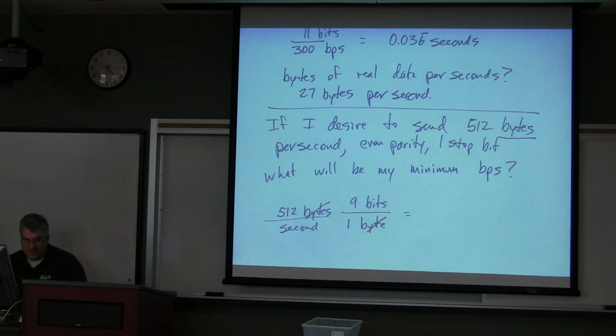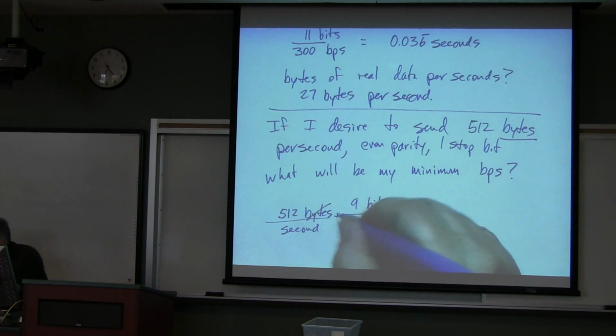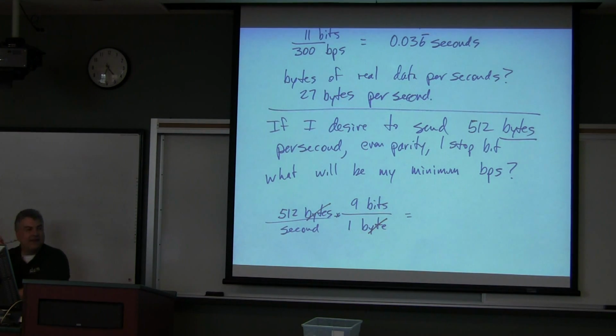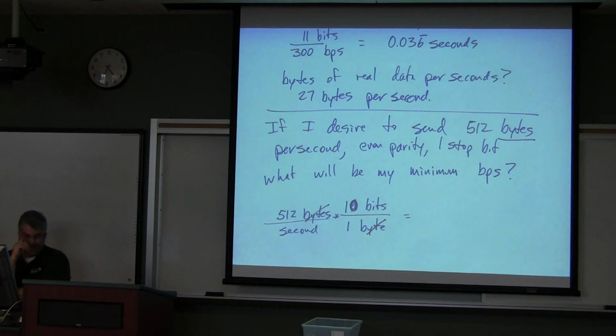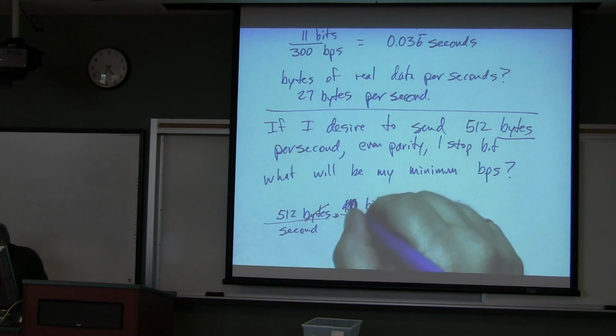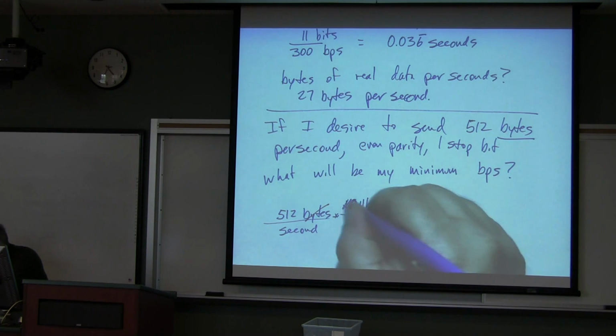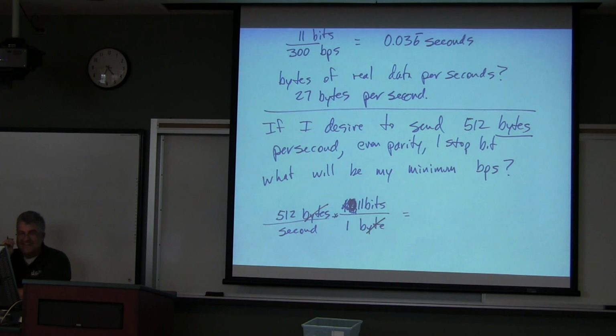Will you agree that this is what I'm looking at? You want to send 512 bytes per second, right? By the way, this would be multiplied by 9 bits? Wait, why is it 9 bits? 10 bits. What about your parity? You have the start bit and the stop bit. 11 bits.